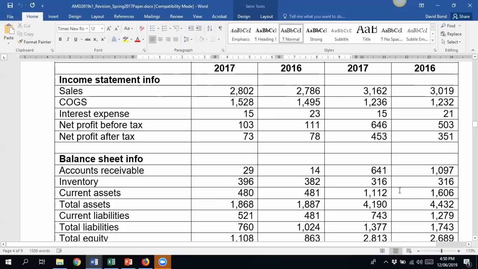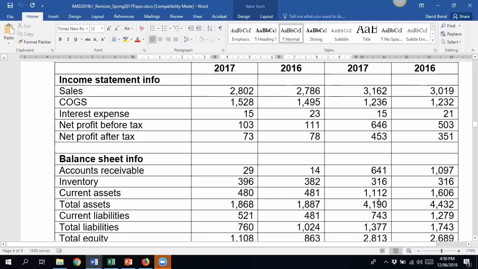Current assets: they've got way more. These guys, proportionally, might not be much more. They've dropped the amount of current assets but stayed pretty stable. Total assets have stayed pretty stable, so it doesn't look like there's much of a change in the composition of the assets of this business. This business, in terms of assets, has got a little bit smaller.